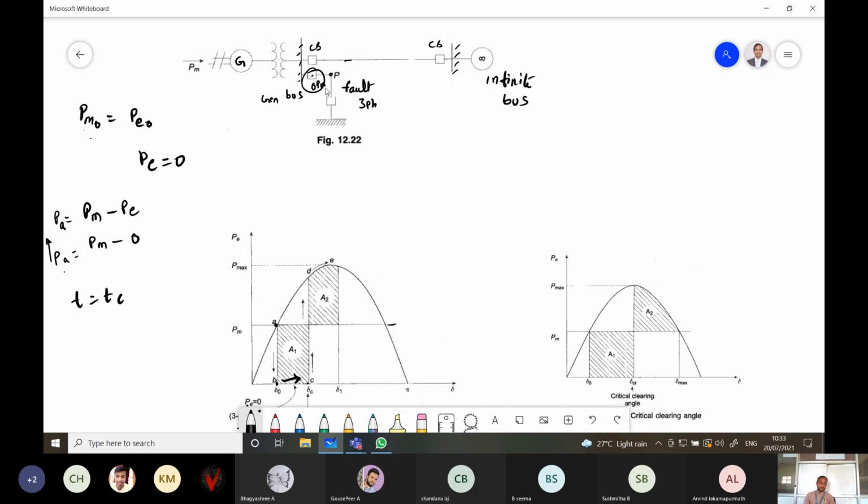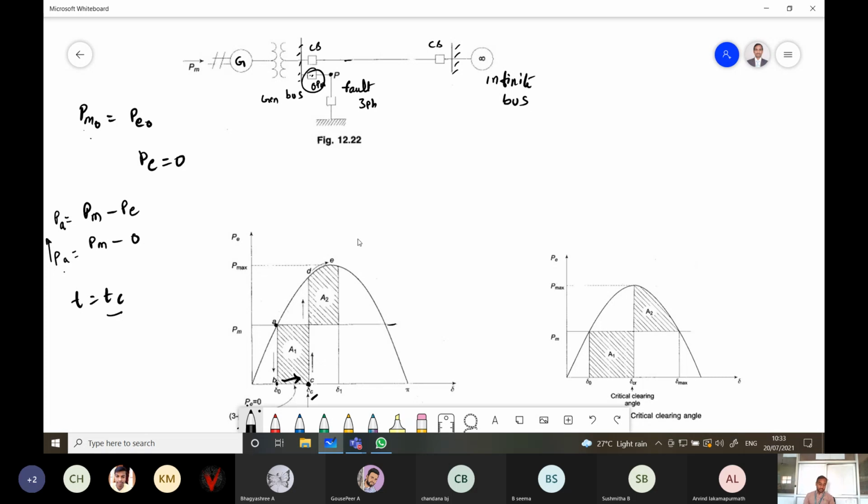What happened? Suddenly, if you open the circuit breaker at t equal to Tc, that is the clearing time. Clearing time means fault clearing time, taken as Tc, at angle delta equal to delta C. So Tc corresponds to delta C. At this point, you clear the fault by opening the line circuit breaker.